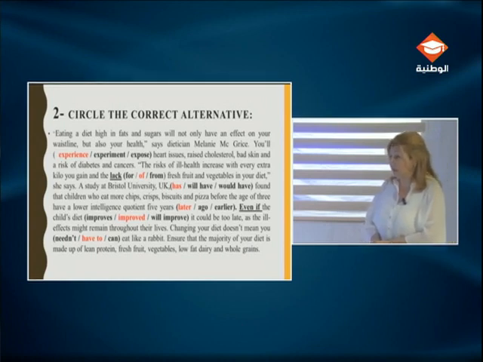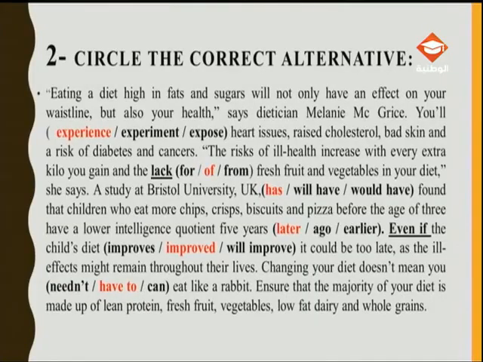Changing your diet doesn't mean you needn't eat like a rabbit. It means being selective in what you eat. Can eat would mean you can eat like a rabbit, exactly the same.